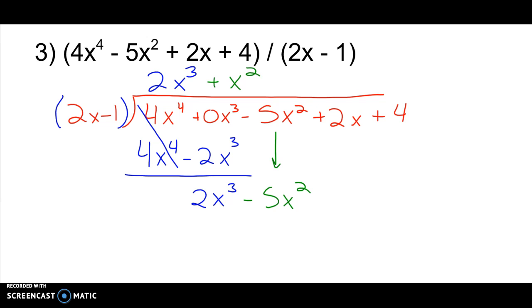Now we take that x squared and multiply it through 2x minus 1 in front. So x squared times 2x is 2x cubed. And x squared times negative 1 is negative x squared.